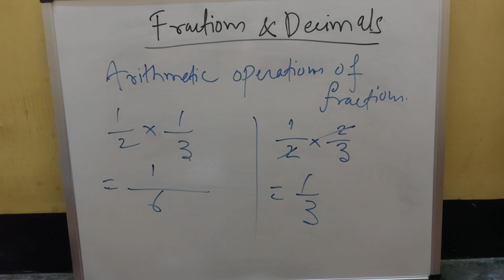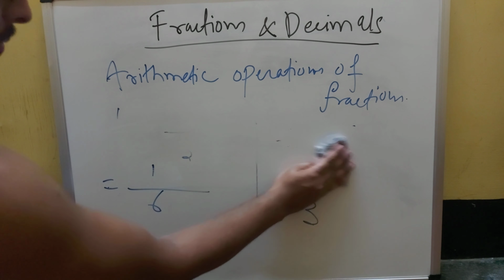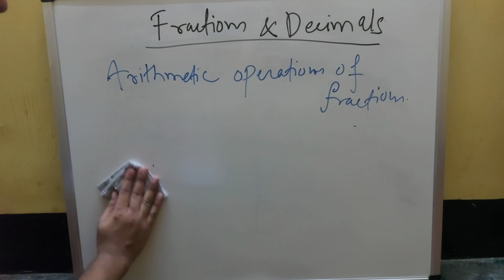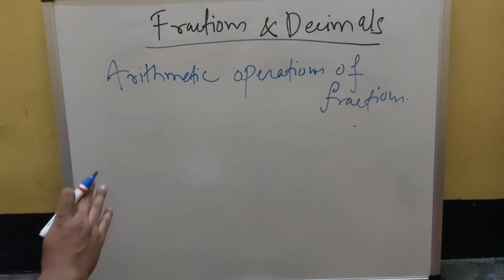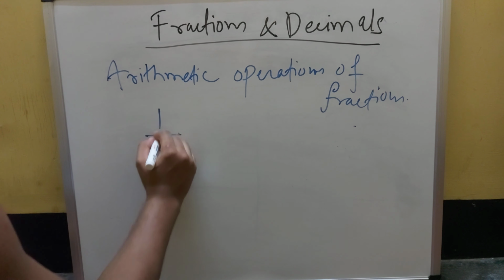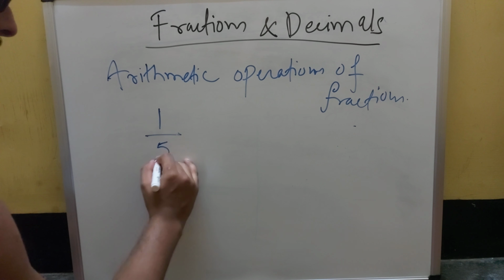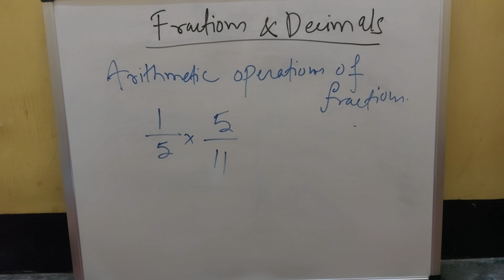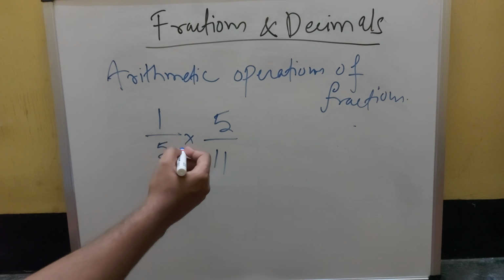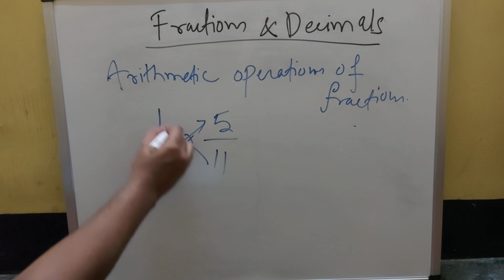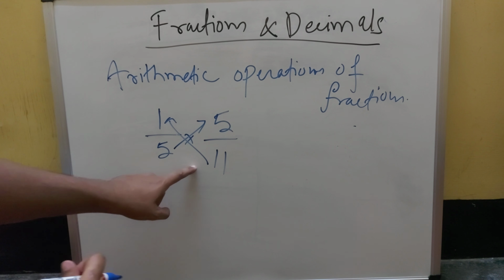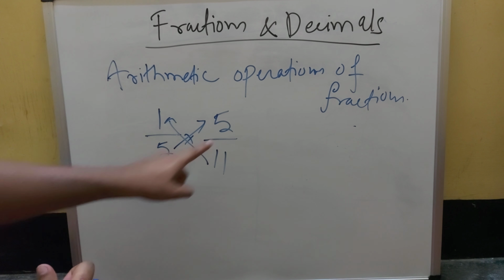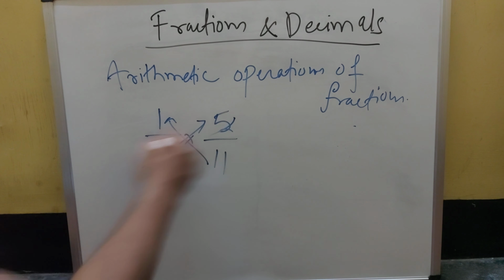Diagonal, you understand, na? It will be 1 by 3. Look, I am explaining once again. During multiplication, let's say 1 by 5 into 5 upon 11. Always remember, during multiplication, we cancel out crosswise. In this case it's the same, so we can cancel out 5.